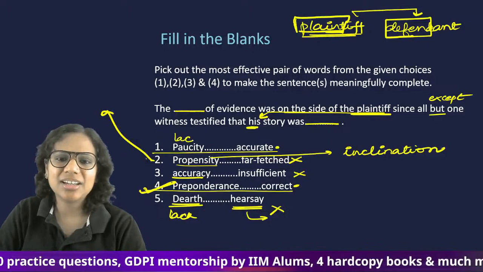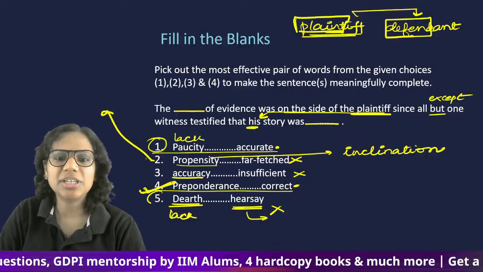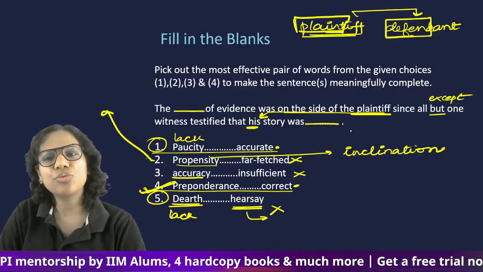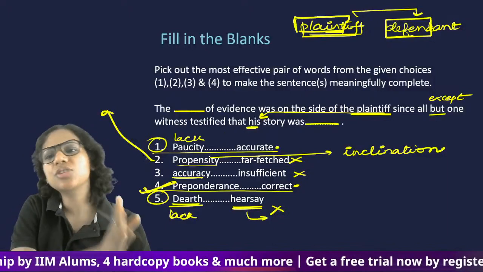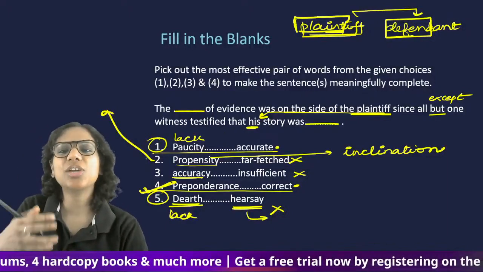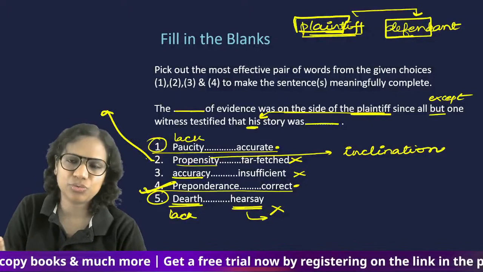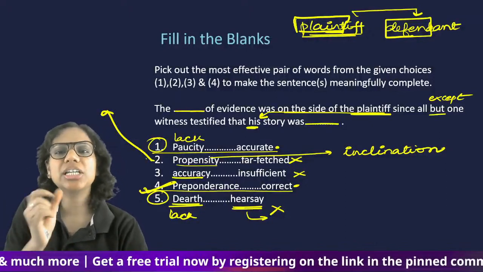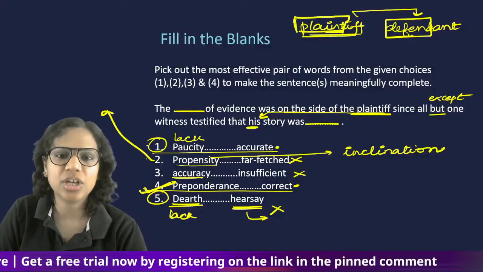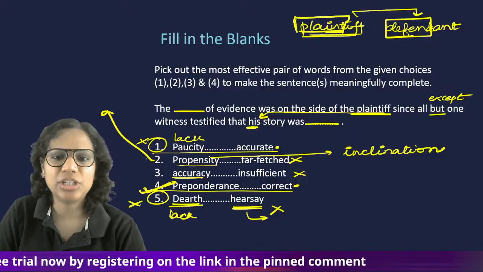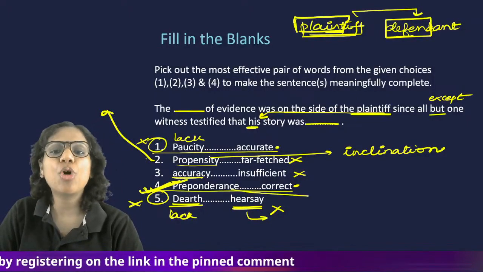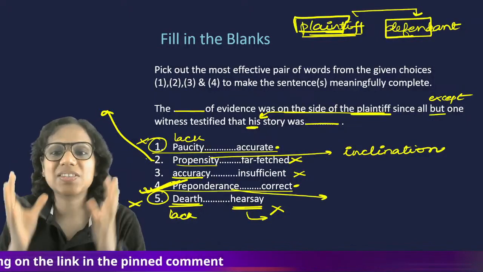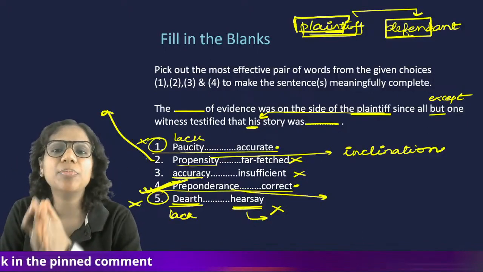Paucity means lack. Again, this will logically not make sense, just like 5. The lack of evidence, then we'll not say was on the side of the plaintiff. We would say there was a lack of evidence for the plaintiff. On the side of the plaintiff indicates it's a favorable outcome for the plaintiff. So 1 and 5 are eliminated. Preponderance means to be present in a large quantity, number.